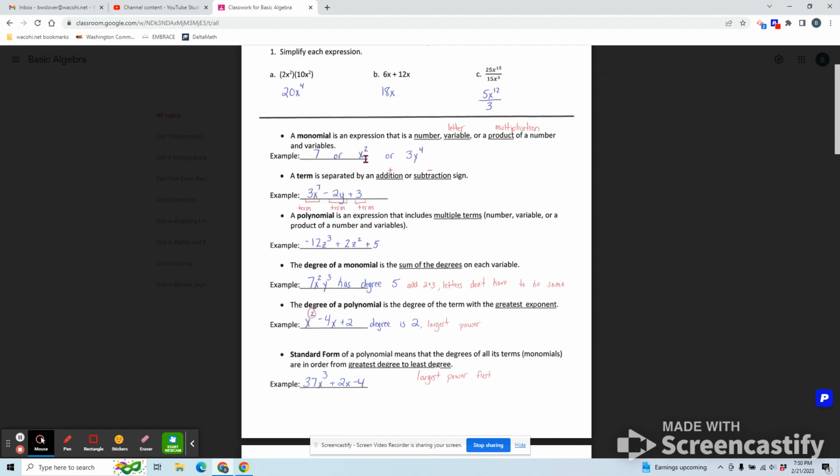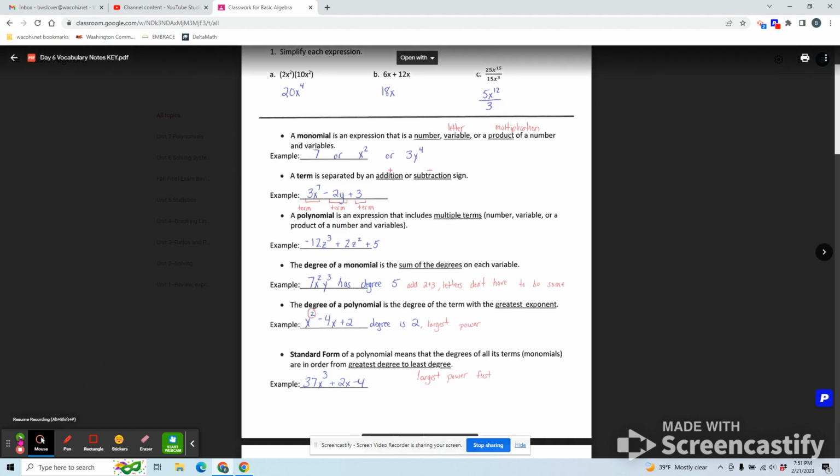It could be any power, any positive power. And then product of a number and a variable. So number and variable, 3y to the 4th. Those are just 3 examples. There are literally an infinite amount of possible examples.